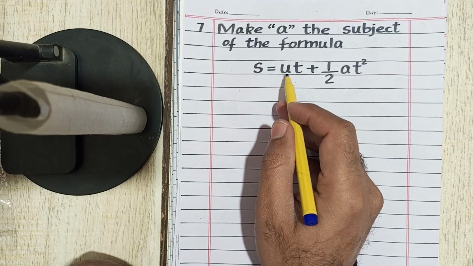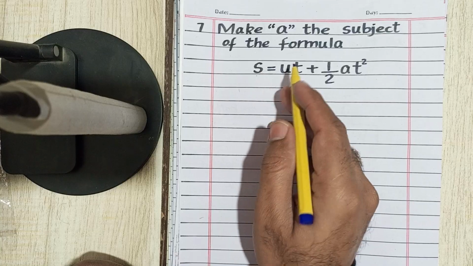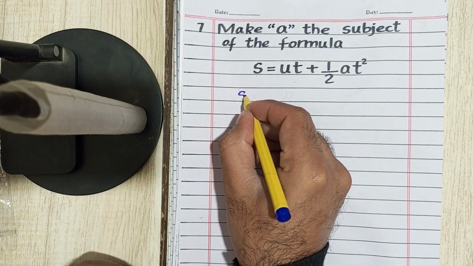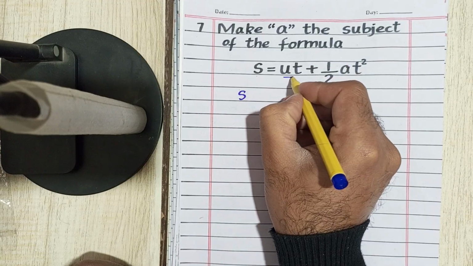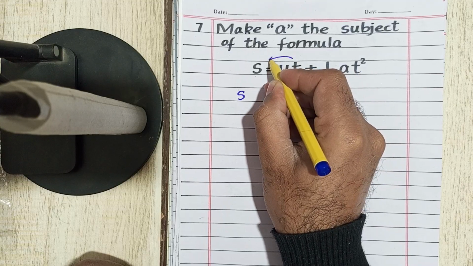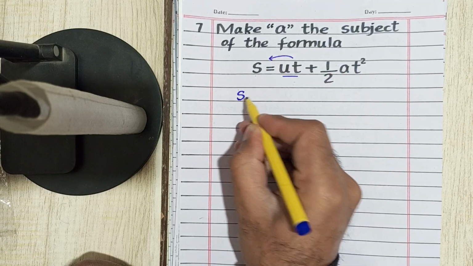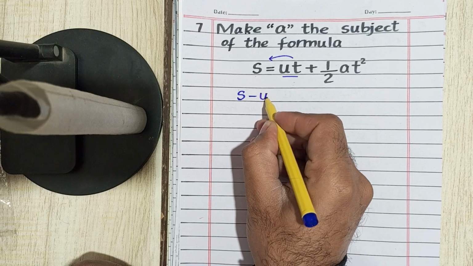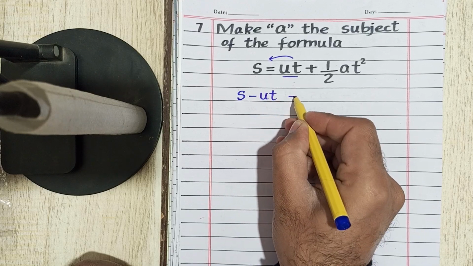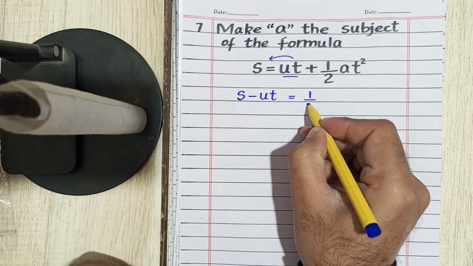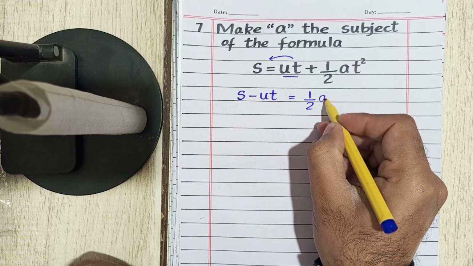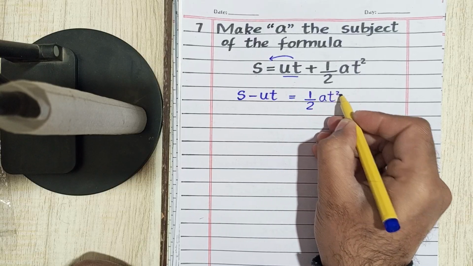So we shift this ut, take away here, so we write s minus ut equal half, 1 over 2 a t square.